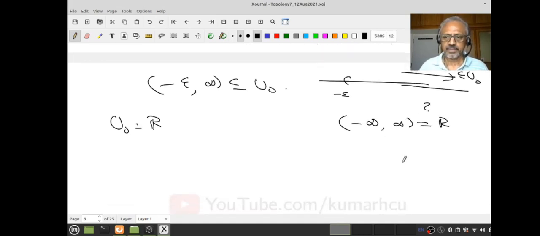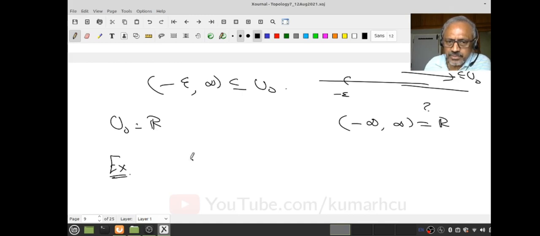Entire R. This is a very stupid way of writing, but anyway. How do you think I should prove? I am going to leave it as an exercise. So what did I do? Here I went to the right side, then I argued with E bounded above. So what do you think I will argue?